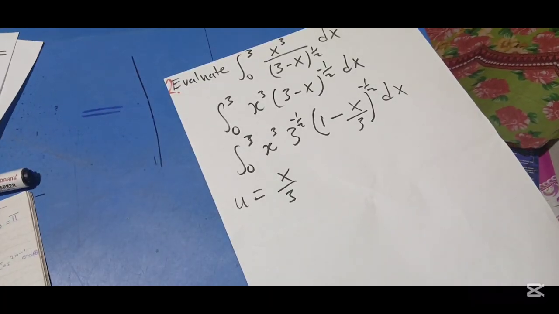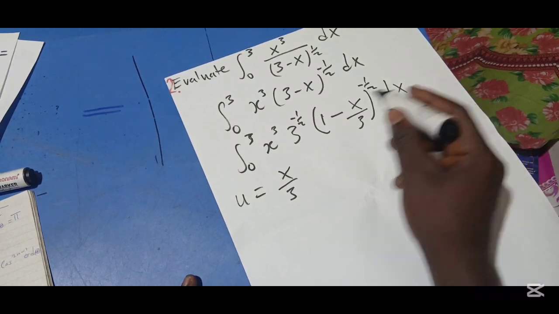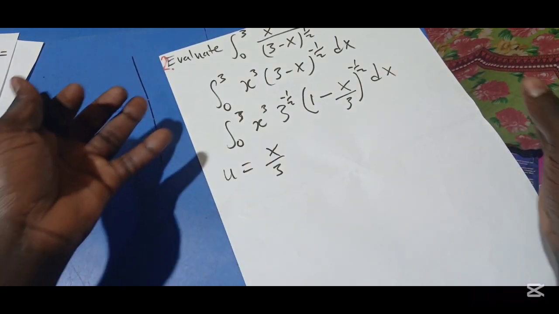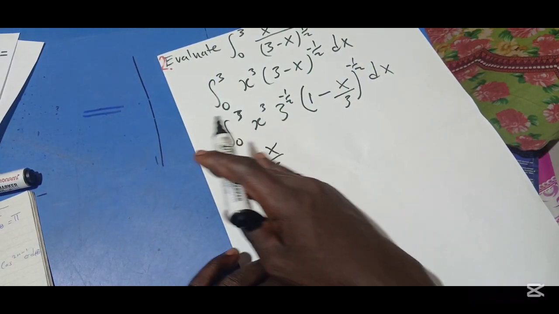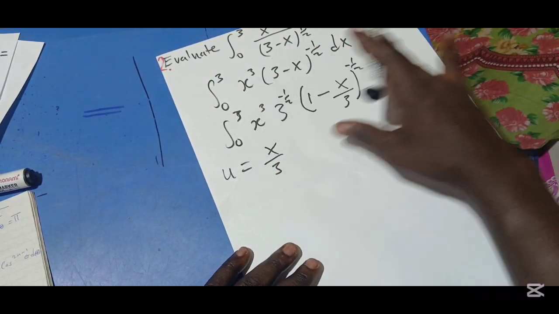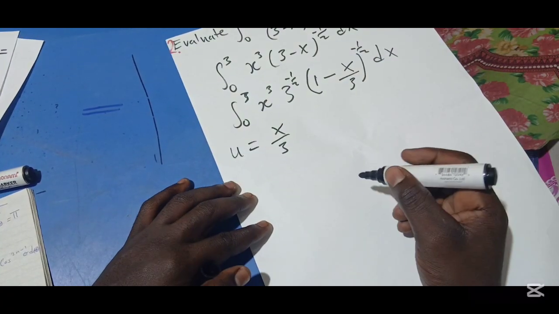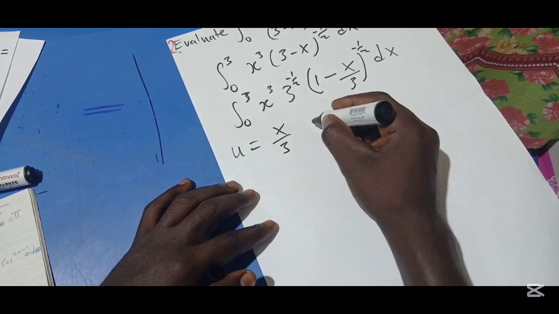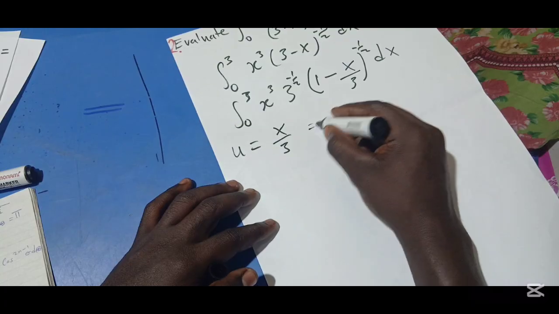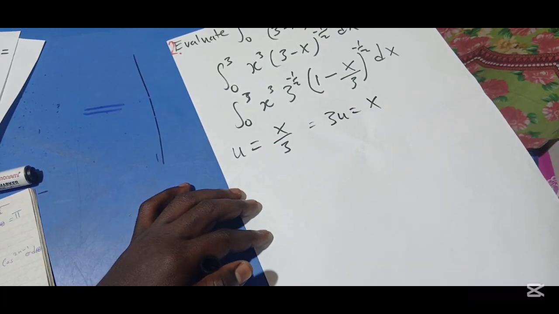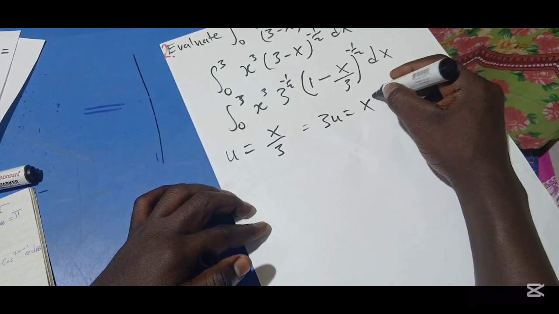Now we have to look for the x, so that we are able to substitute everything, so that at the end of the day, all the variables are in terms of u. Making x the subject here, if we cross multiply by 3, we get 3u equal x. So that is the value for x. Keep it in mind.